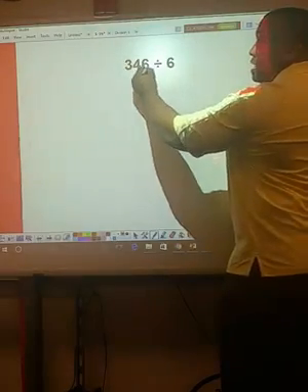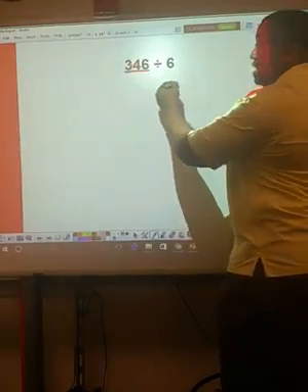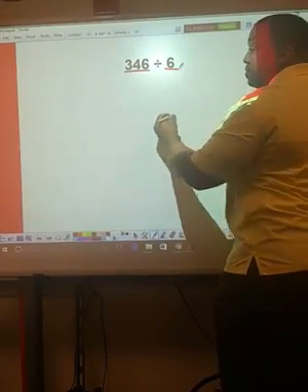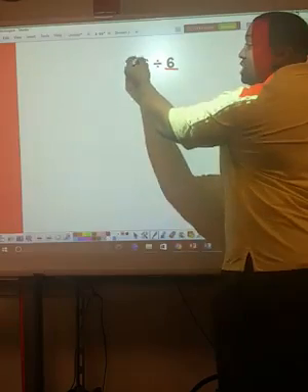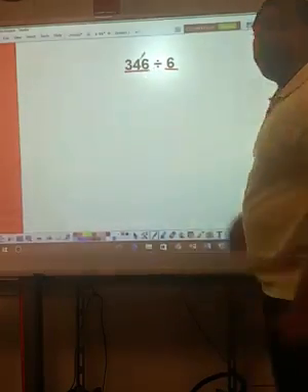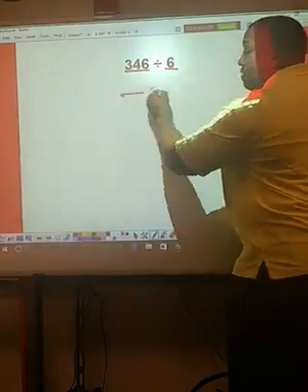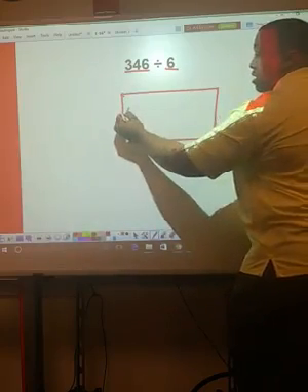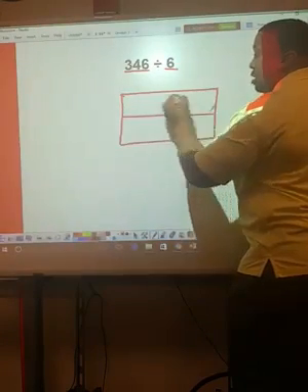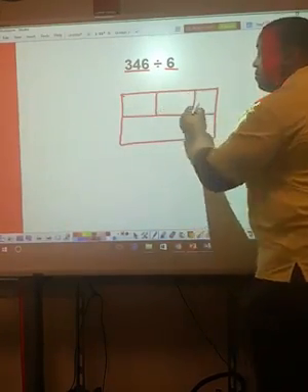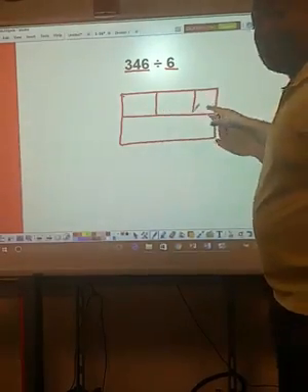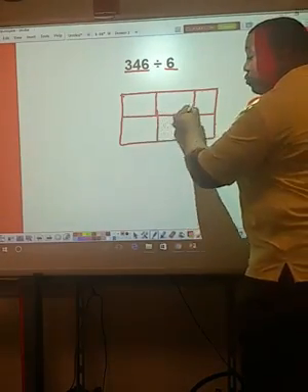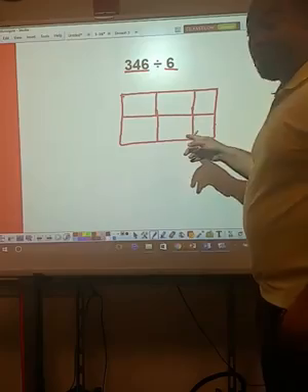So you take the dividend and divisor. I have 3 digits, 1, 2, 3, in my dividend. That means I need to have 3 boxes. But if I have 3 boxes on top, I have to have 3 boxes on the bottom.